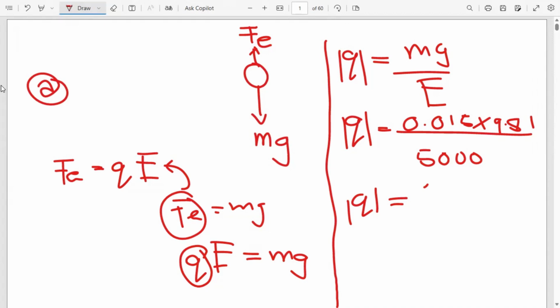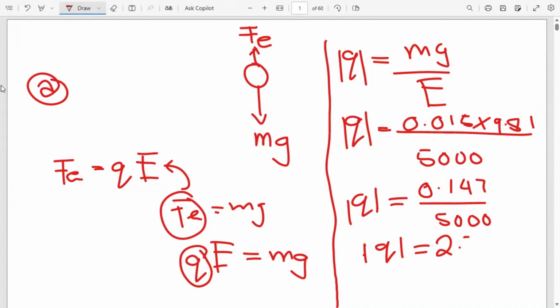I'm getting 0.147 divided by 5,000, meaning the magnitude of our charge is equal to 2.94 times 10 to the power minus 5 coulombs. So this is the magnitude of the charge.